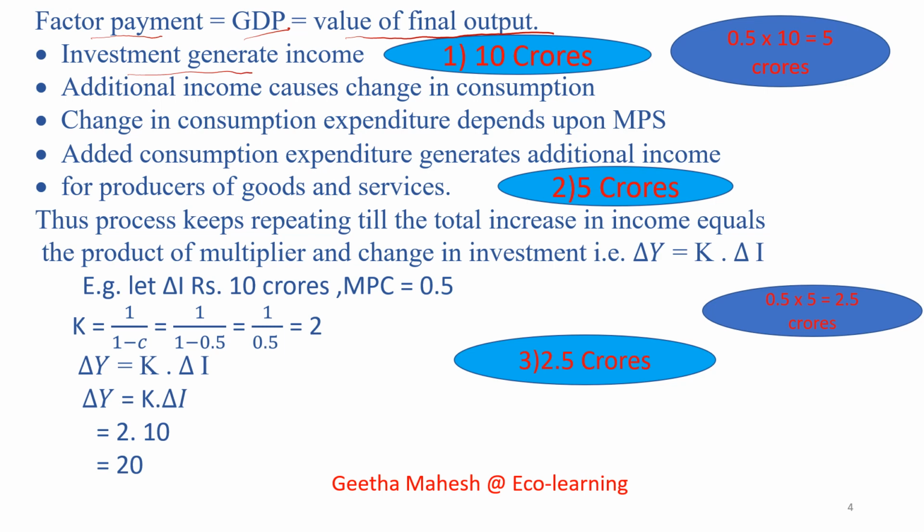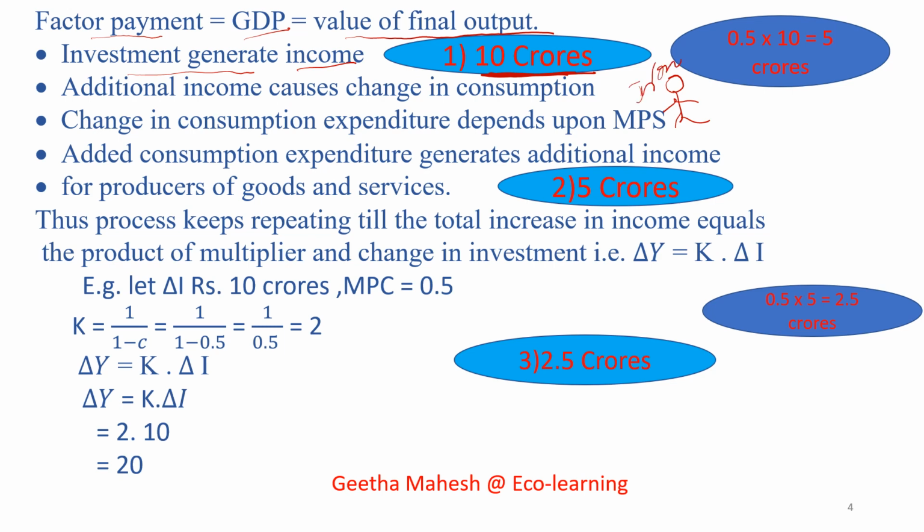See, investment generates income. For example, if you make an investment of 10 crores, it becomes an income for the person from whom you buy those goods and services. When you invest, you buy capital goods, and the producer of capital goods will get an income.